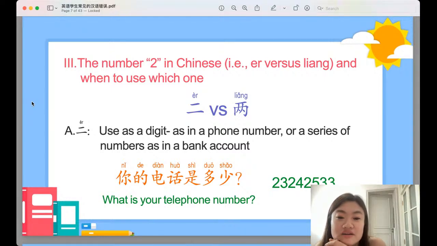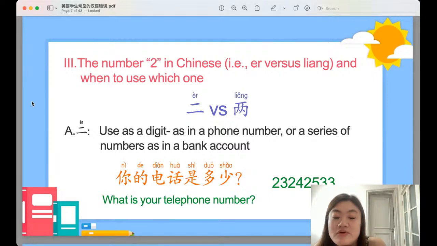A lot of times we just use 二 as a digit. If you have a phone number or a series of numbers like a bank account or a zip code, you just use the digit, you can just say 二.